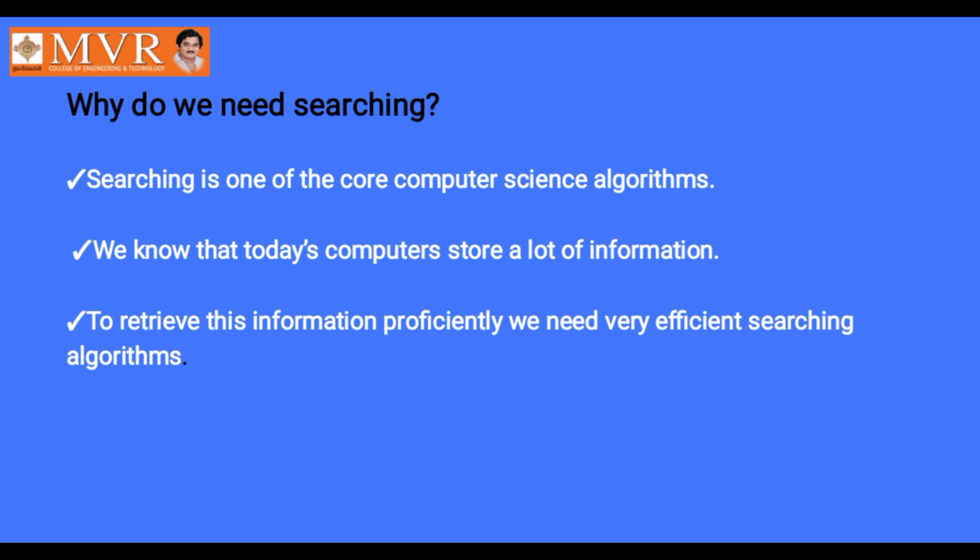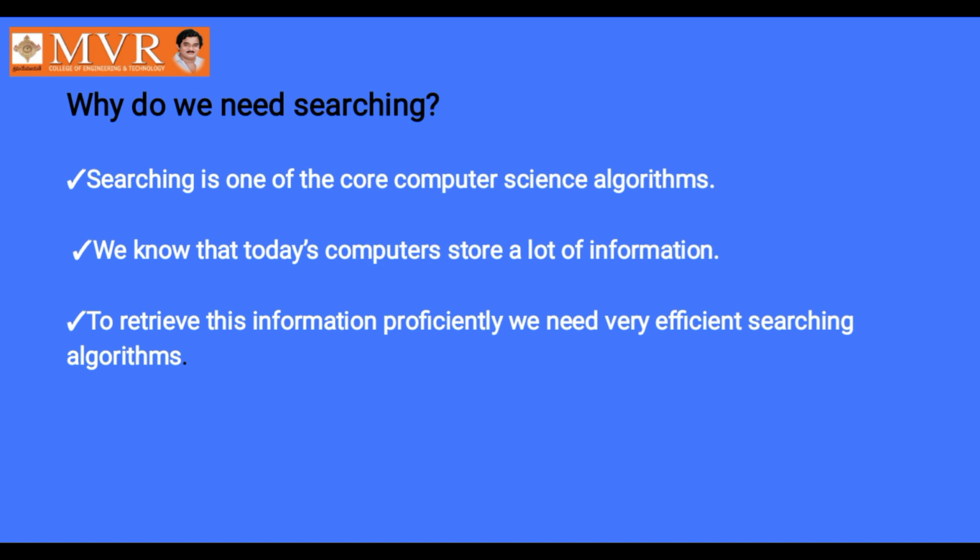It comes under searching. Searching is one of the core computer science algorithms. As we perform searching in our real world, searching is also done in computer science. This is done using computer science algorithms.